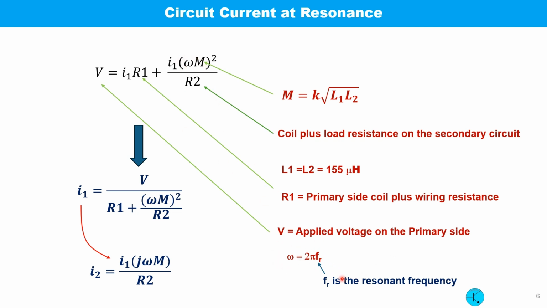It is the angular frequency, so if we know the frequency, then we can find out omega, and using the first equation we can find out the current on the primary side, and using the other equation, I2, the secondary current, can easily be found.